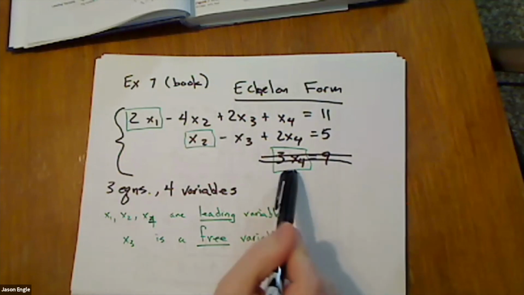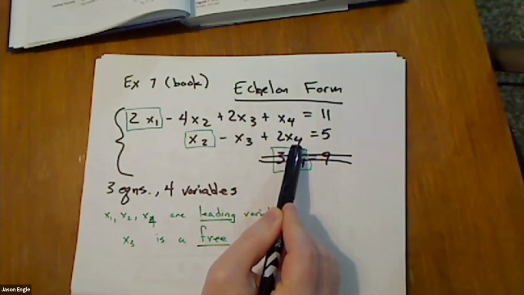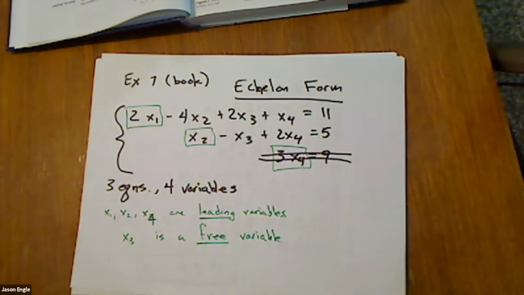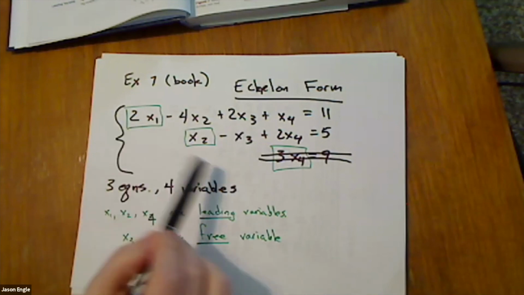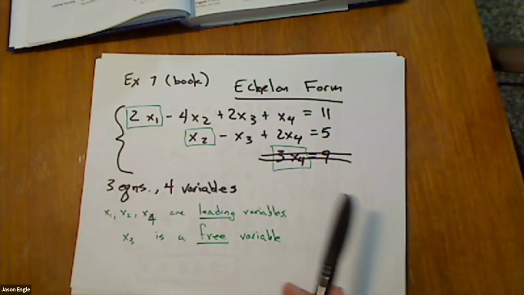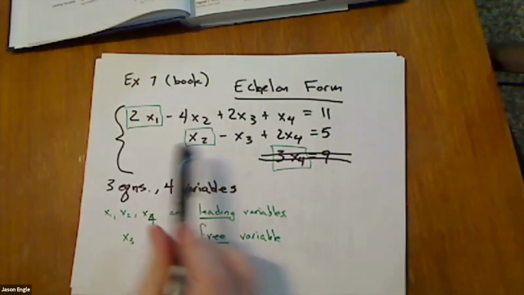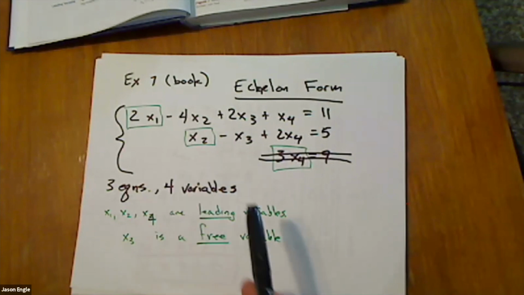Because of the absence of that last variable, now x3 and x4 are both free variables. I think it's like example 8 in the book. It is an example where it has 2 free variables. And so x1 and x2 are going to depend on what each of those 2 free variables are. And so the solution to this system of equations would involve formulas that depend on both of those free variables.